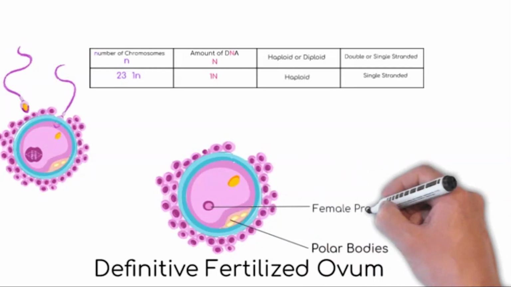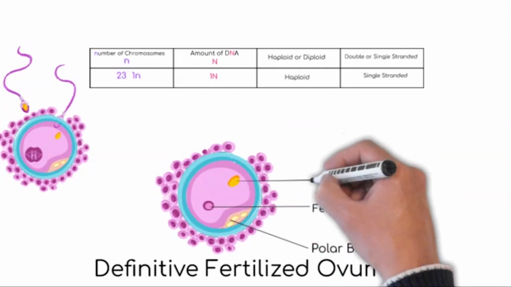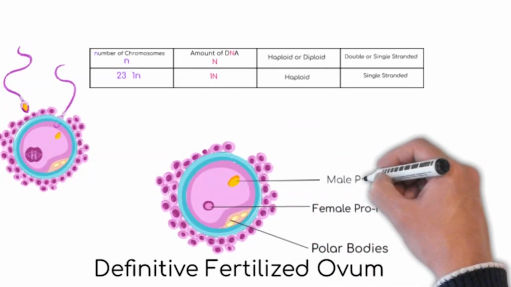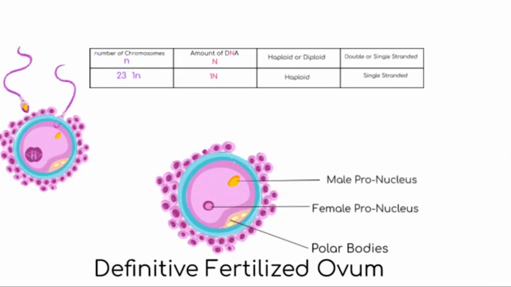Okay, so now the 23 chromosomes from the female form what is called a pronucleus. And the sperm brings the other 23 chromosomes from the dad. Those 23 chromosomes from the dad enter the ovum and form the male pronucleus. So the genetic material that is carried by the sperm is released into the ovum.